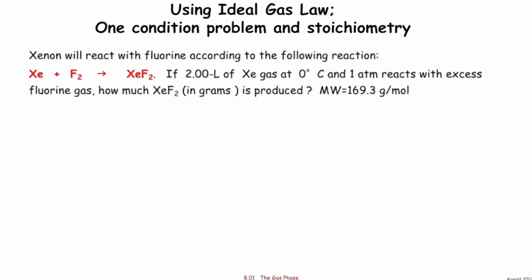Xenon will react with fluorine according to the following reaction: xenon plus fluorine gives you xenon fluoride. Yes, xenon's a noble gas, but heavy, large noble gases can actually do some chemistry. If 2 liters of xenon gas at 0 degrees and 1 atmosphere reacts with excess fluorine, so fluorine is in excess and is not the limiting reagent, it's going to give you xenon fluoride.